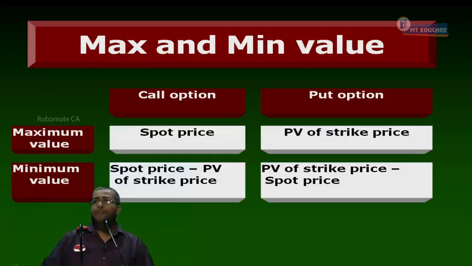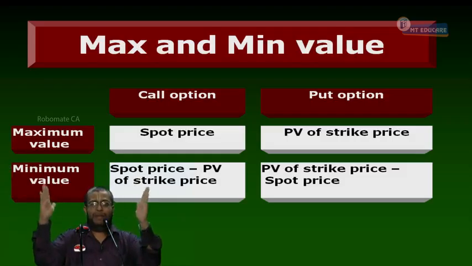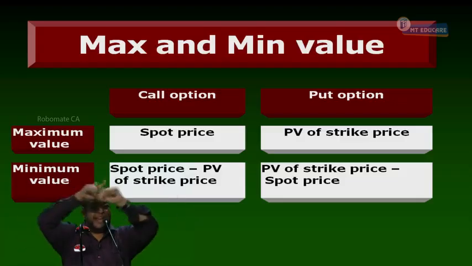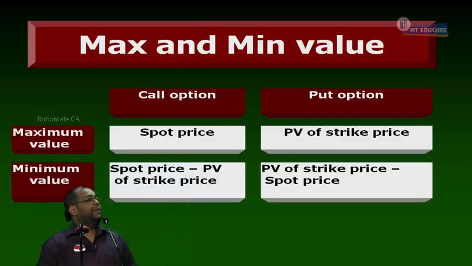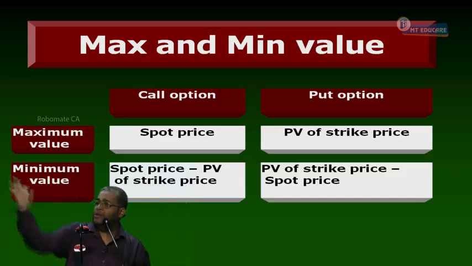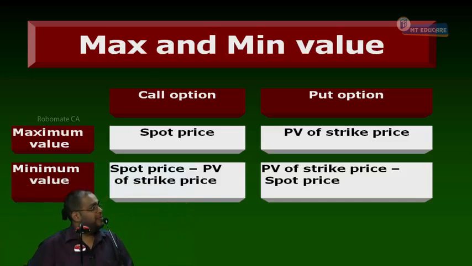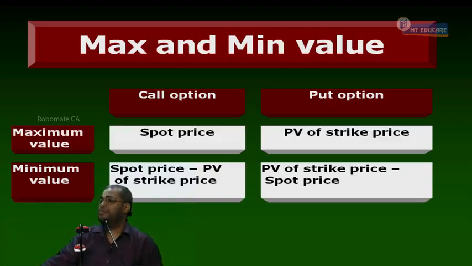I want to know within what boundary the premium should lie. Within this range only the premium should be. The premium should not be below the minimum, and it should not be above the maximum. Point number one. Yes or no? The question is, sir, if it is below the minimum or above the maximum, what happens? Then arbitrage exists. Everybody follow what I am saying?